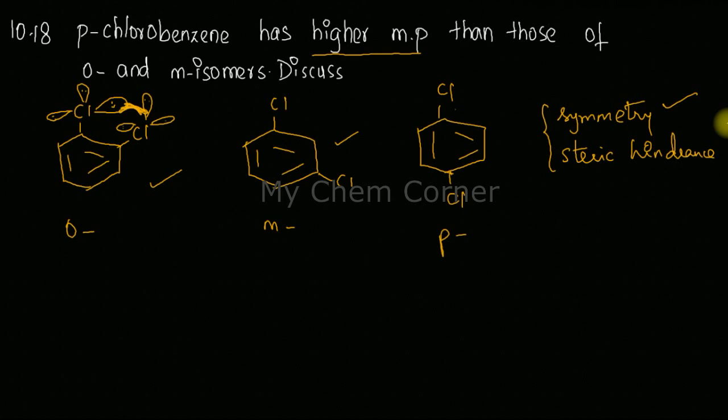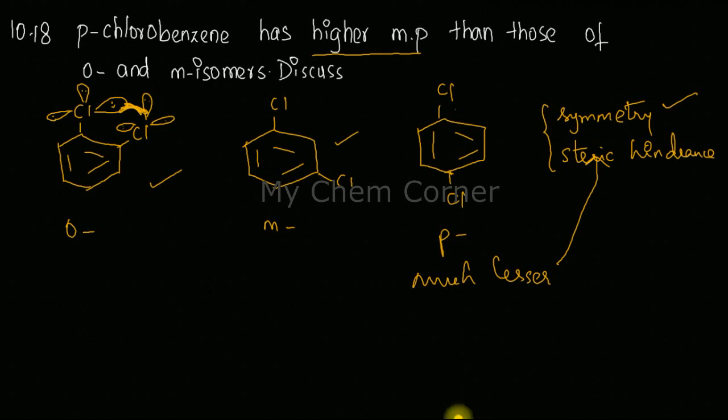On the other hand, when you look at a para isomer, they are placed farther from each other. In that case, a para isomer is much more stable. Therefore, you have much lesser steric hindrance in the case of a para isomer.